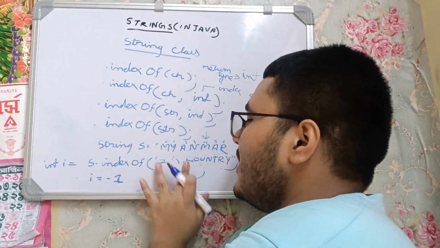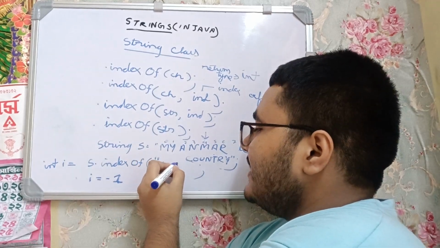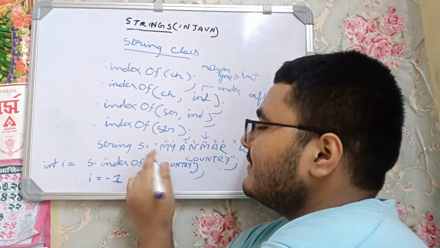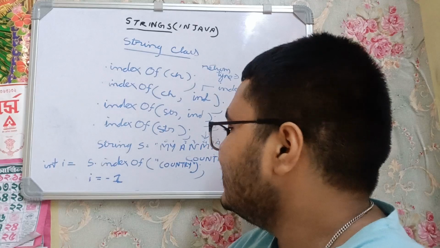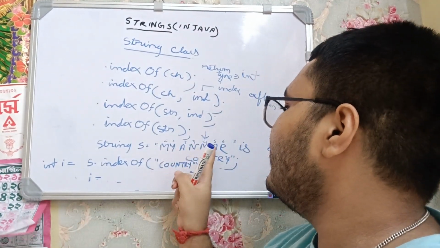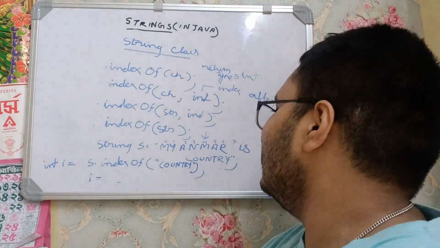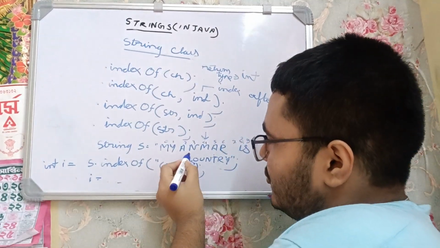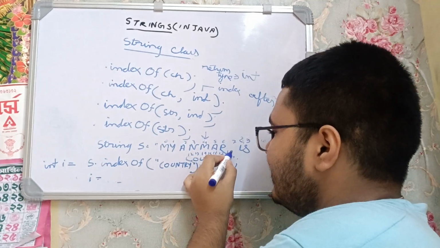If I am searching for a word, say country, what can be the index of country? See, 0, 1, 2, 3, 4, 5, 6, 7, 8, 9, 10, 11, 12, 13, 14, 15, 16, 17 and 18.